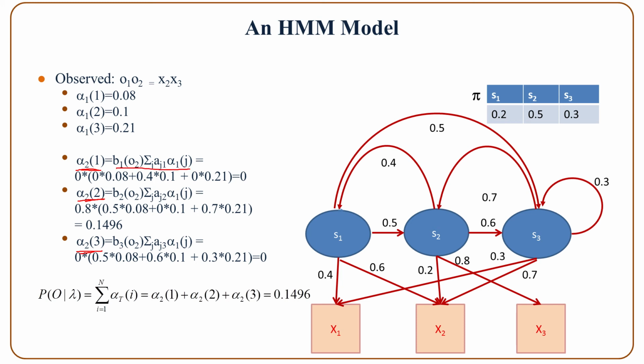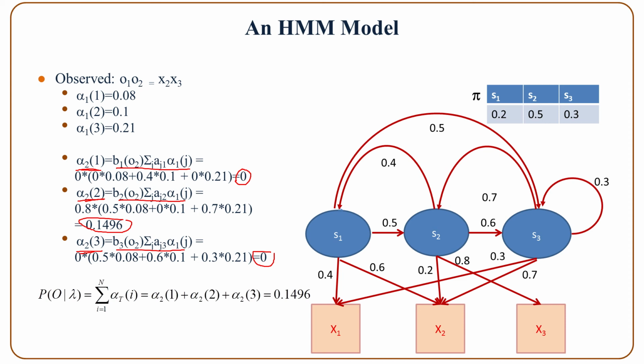Following the formulas, we get the probabilities, which are 0 for the first, 0.4096 for the second, and 0 for the last.